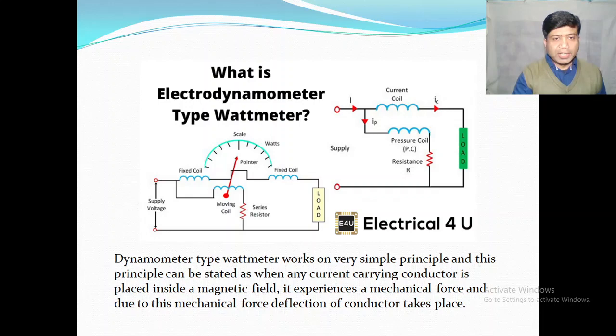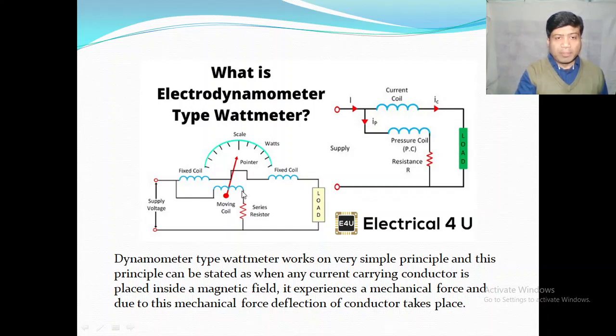Now we can see here in the figure that the moving coil has a resistor placed in series with it. What is the function of this series resistor? The voltage to be measured across the load could be very high.